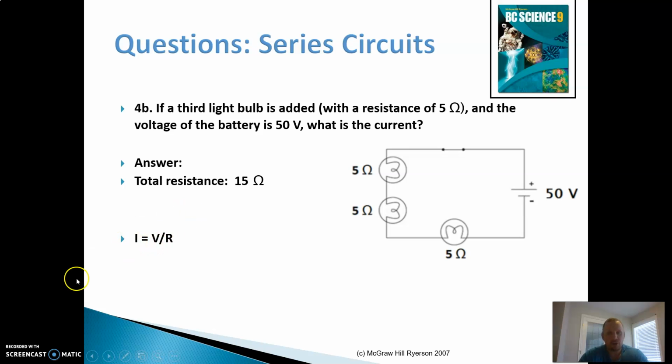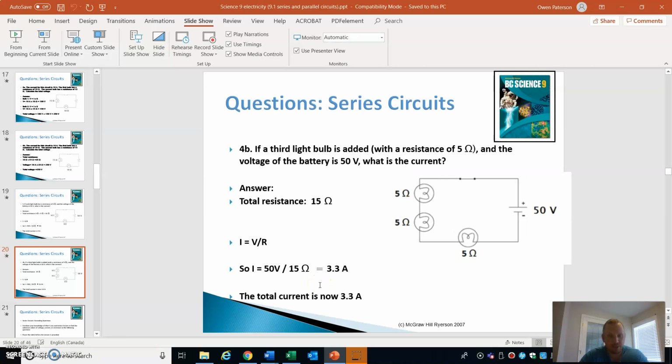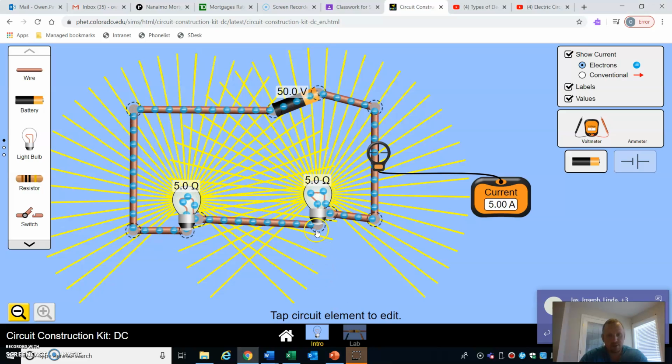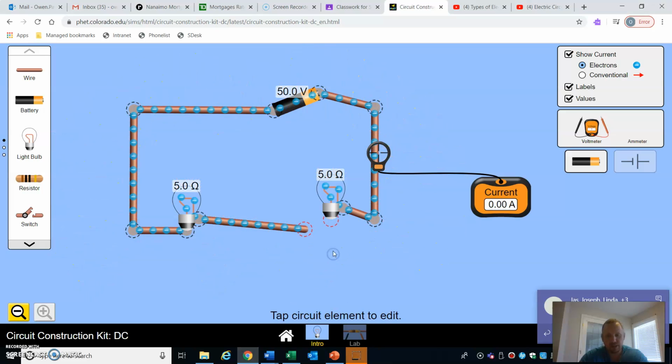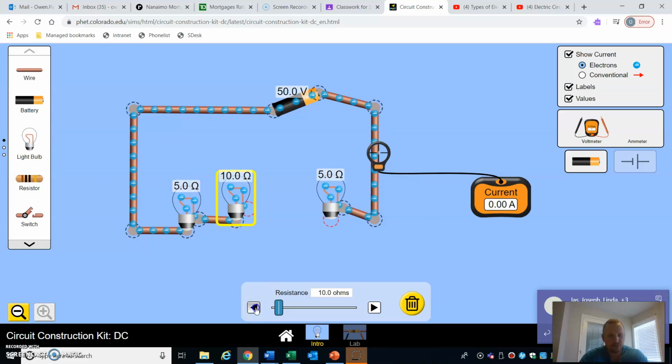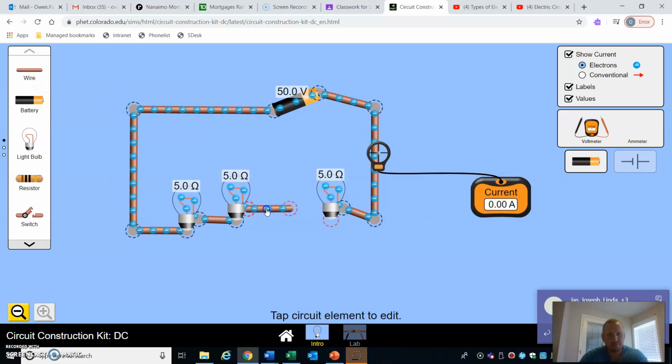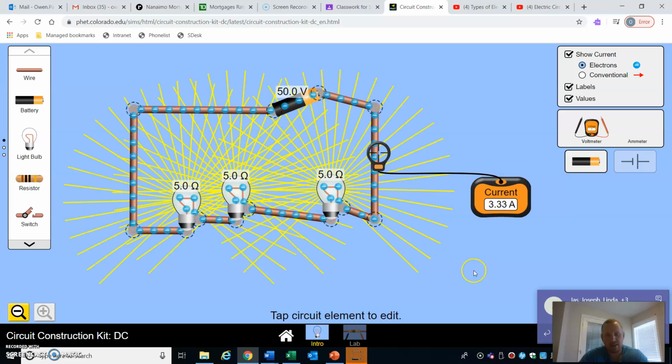So to figure out the current, we go V divided by R. So 50 divided by 15, and that's 3.3 amps. And we're just going to double check to see if this matches what we got here. Put that back to 5. And it matches. We have 3.3 amps.